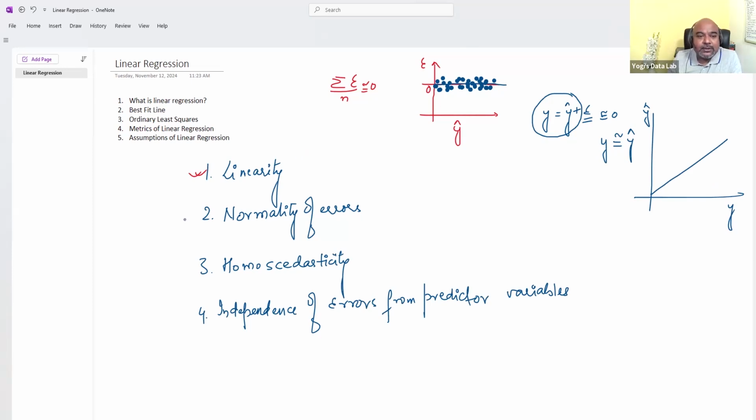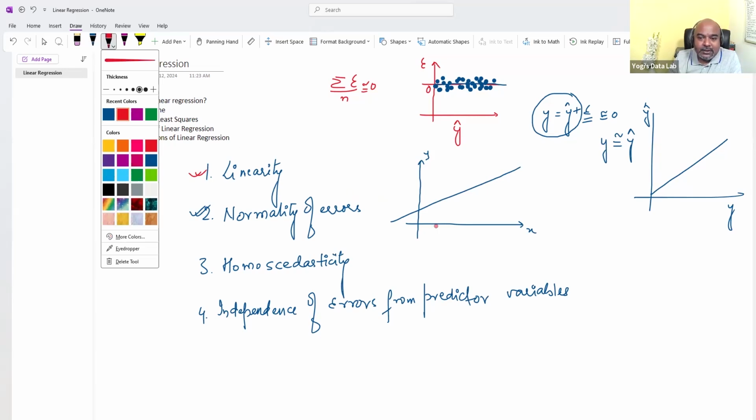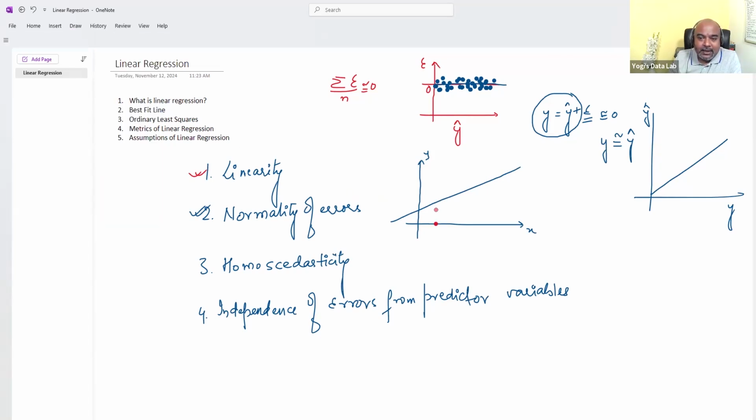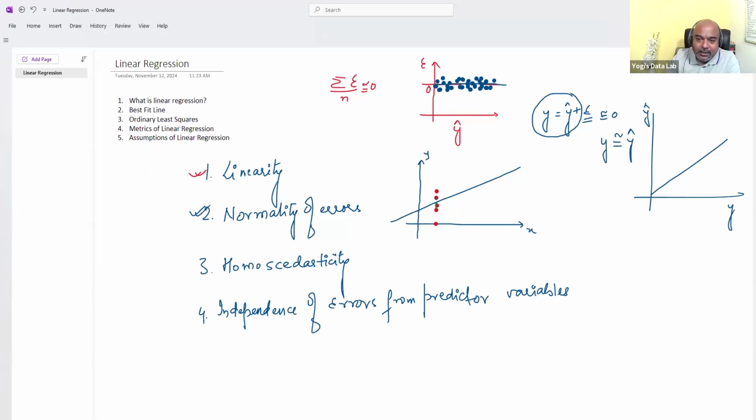Talking about the next one, which is normality of errors. Let us say this is again x and this is y. I have this regression line. Now with this regression line, for a certain value of x, I had different values of y, which means that there is going to be error here. How do they come?